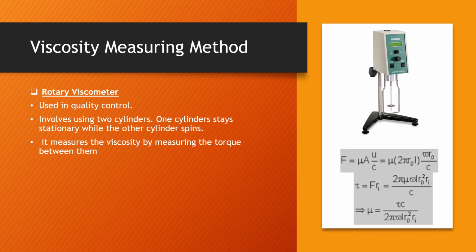In this case, instead of two cylinders, there's one for keeping the fluid in a cylindrical cup, and there's a spindle which would be the one that will be spinning. And you can see the calculation where, from the force equation, the rotational velocity and the cylindrical area are used to relate it to the torque and then find out the viscosity of the component.